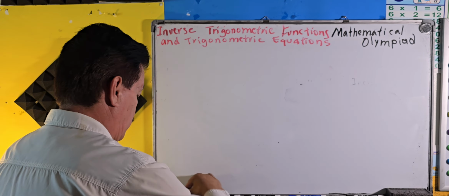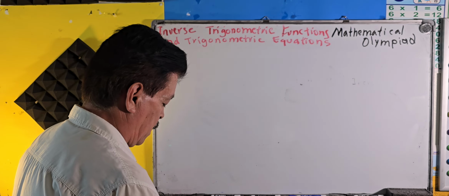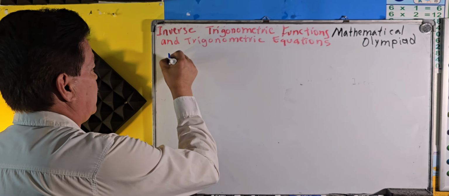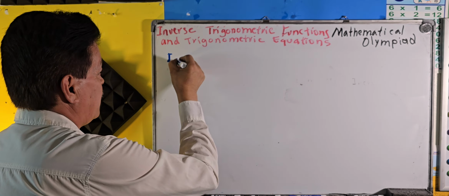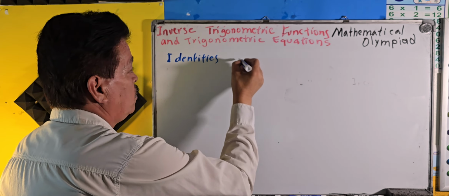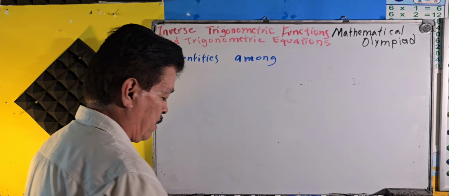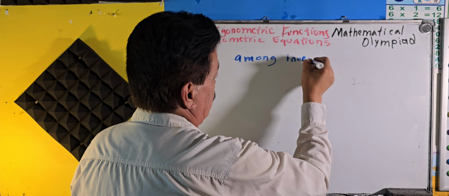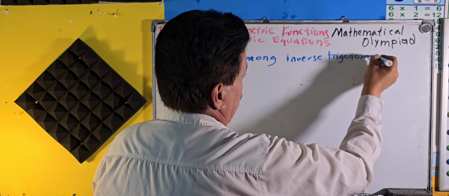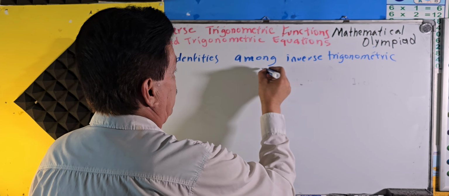I will solve a couple of problems. But before, I need to give you some more properties. So the next step is identities among trigonometric functions.